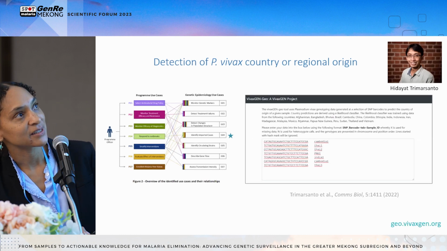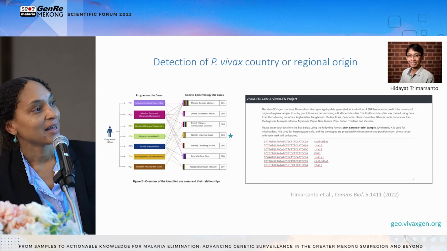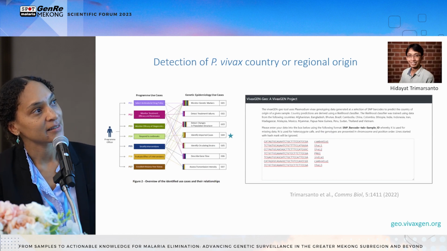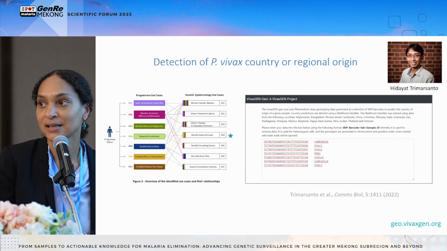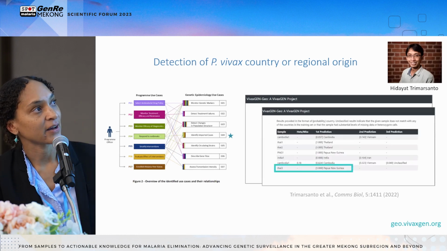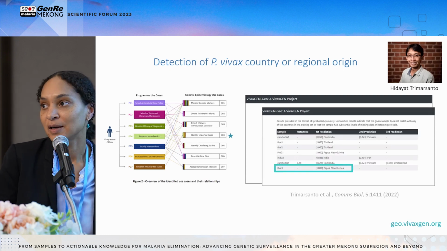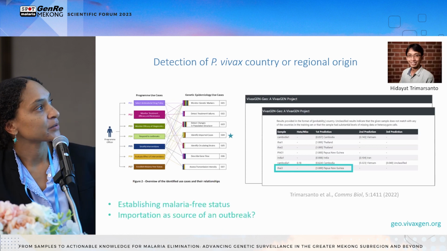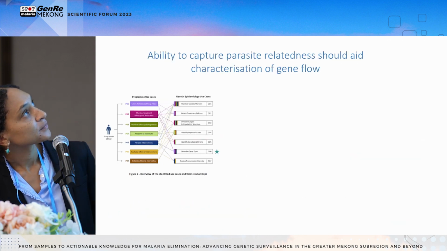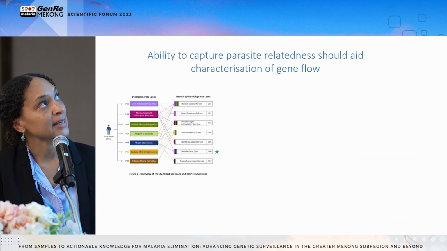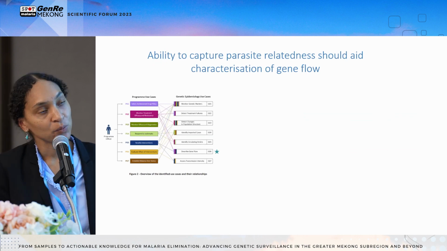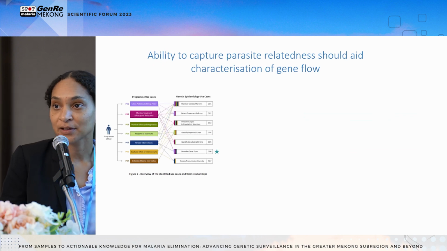I'll just try and go through these quickly. Sorry, I'm conscious of time. But one of the things we're doing is trying to see if we can adapt our online classifier tools so that we could determine when we have imported cases using those tools. And then because we can capture relatedness very well, we should also be able to characterize gene flow fairly well.